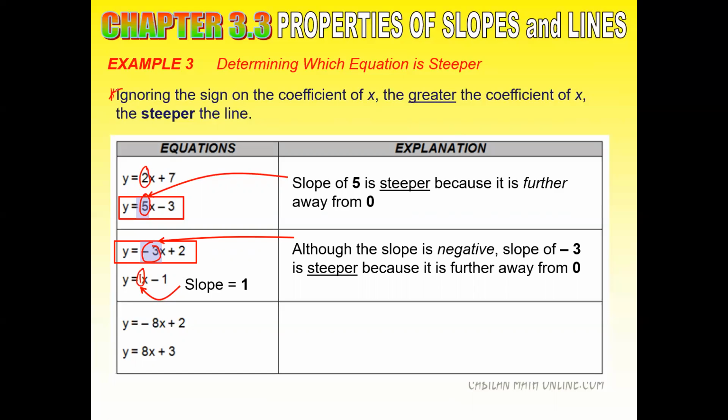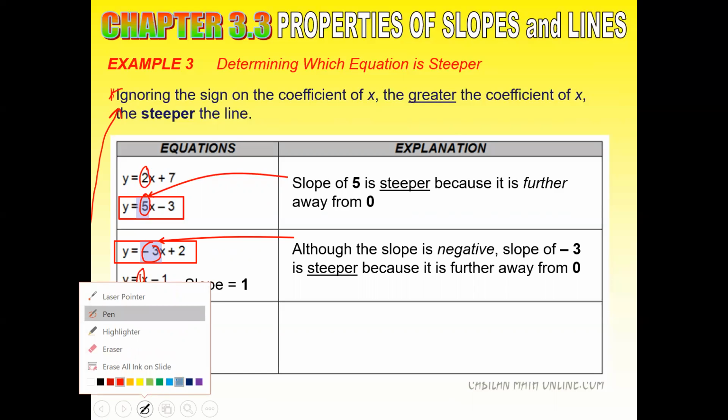All right, last but not least, this question also goes back to this. It says ignoring the sign of the coefficient of x, the greater the coefficient of x, the steeper the line. If you take a look at these, we have the negative 8 over here and an 8. The key thing I want you to see is ignoring the signs.